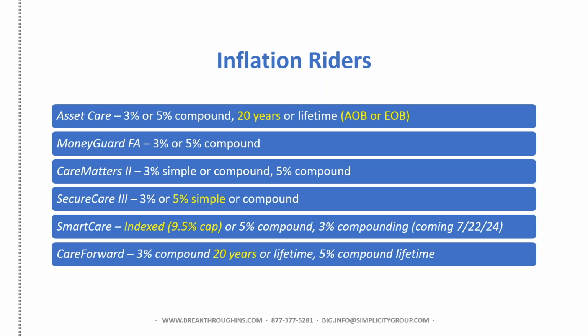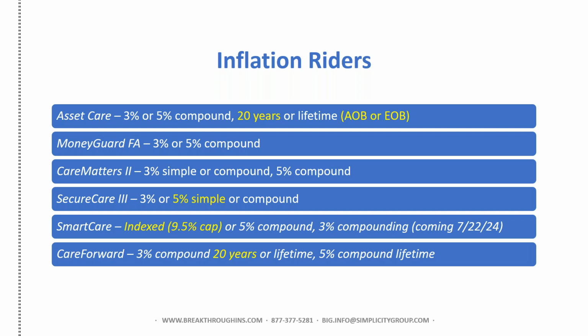So if you're selling products in New York, the Bright House Smart Care product is the product you probably will want to use, okay? So it's the only product in New York that offers inflation on the AOB.